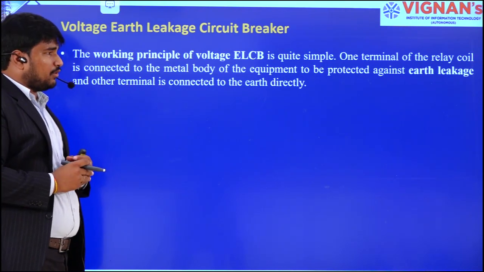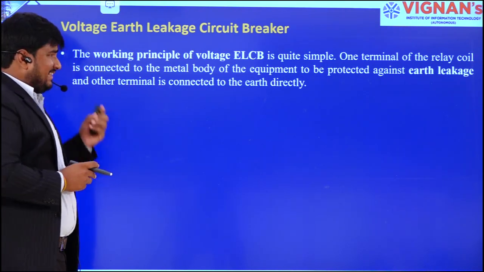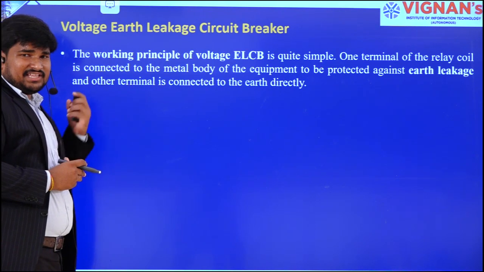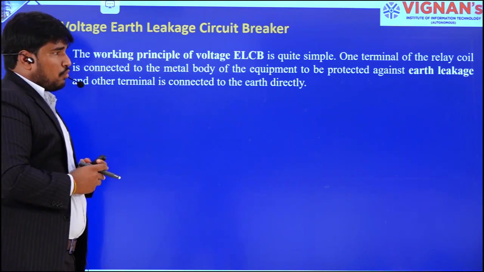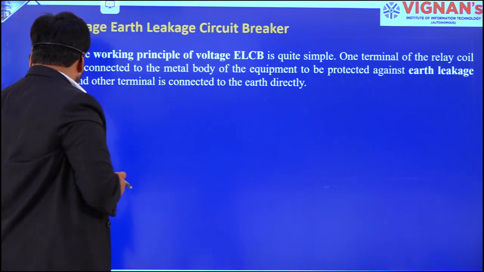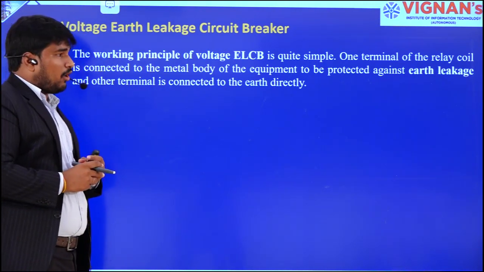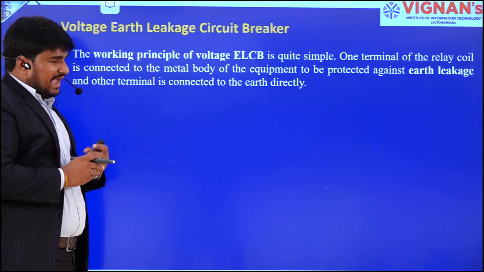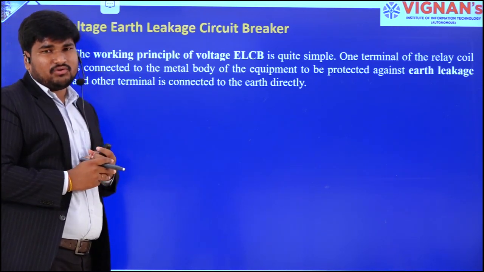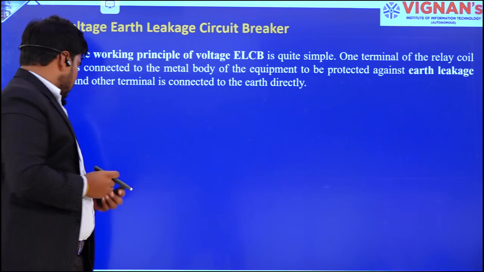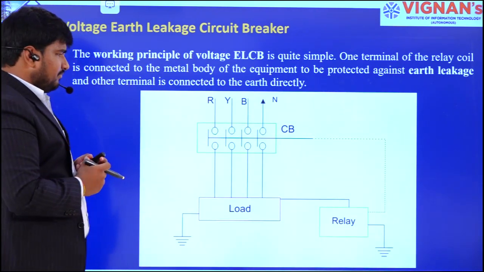In this voltage earth leakage circuit breaker, one terminal of the relay coil is connected to the metal body and another terminal is connected to ground. So let us see this diagram.